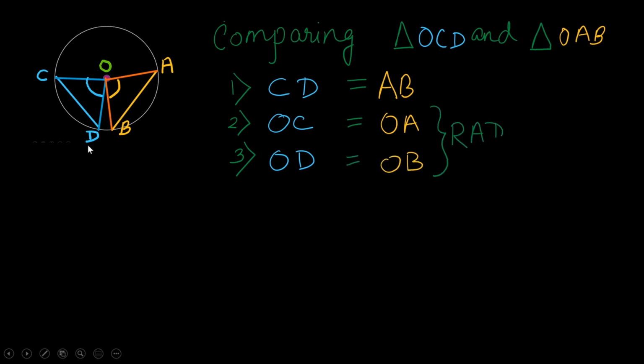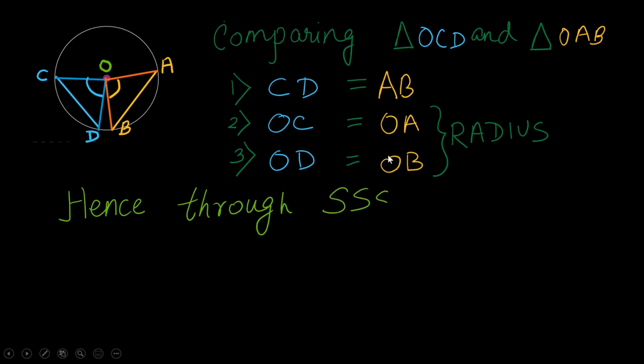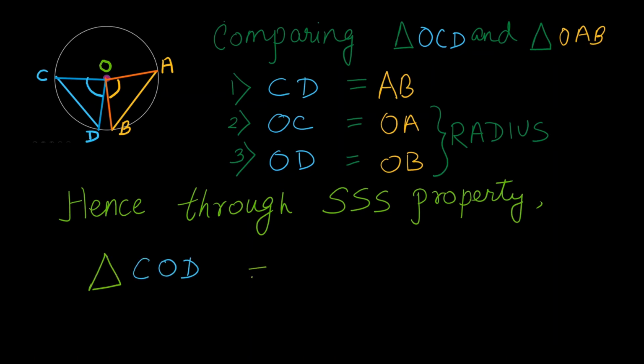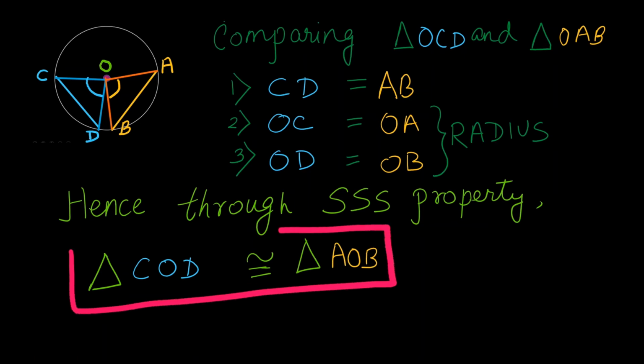Because these are the radii of the circle. We know that by the property of the radius, they should be equal. So through which property? Can you guess? Pause the video and think which property. Through SSS, or side property, we can say that triangle OCD is congruent to triangle AOB.